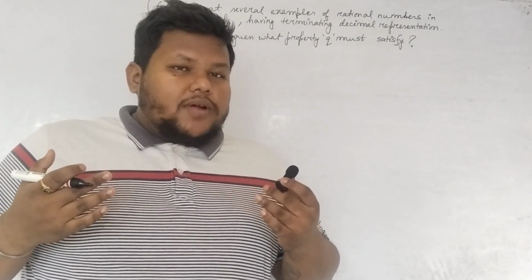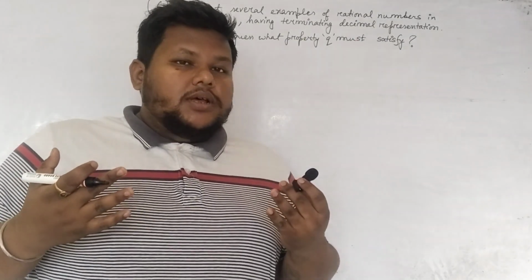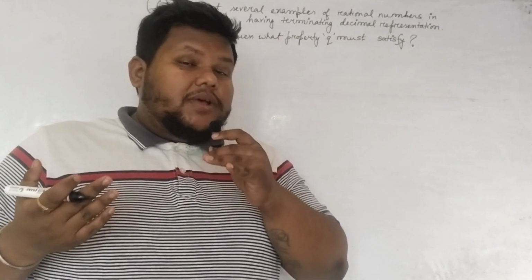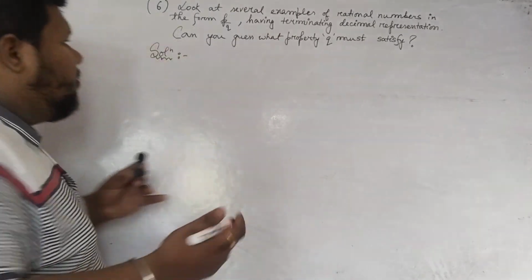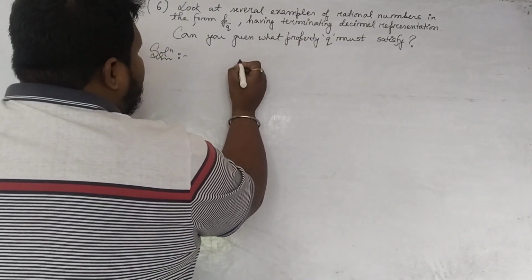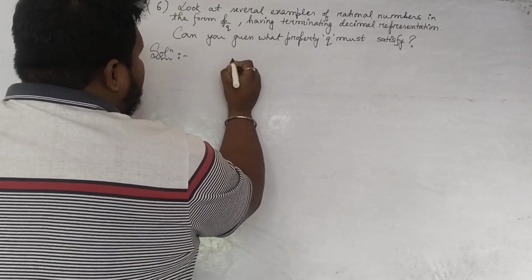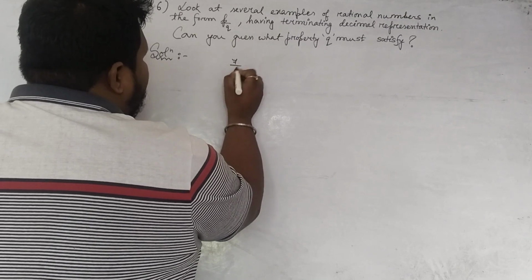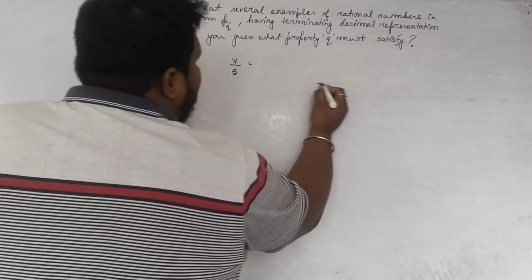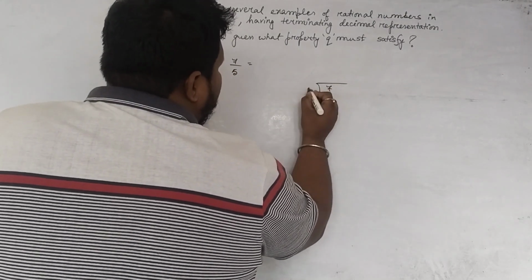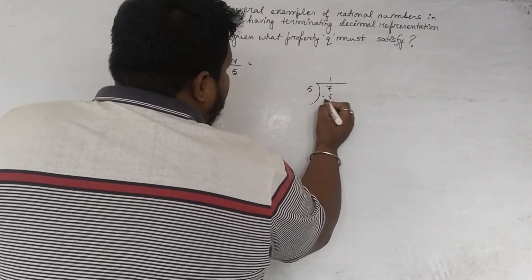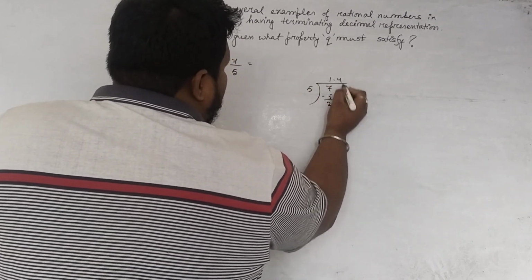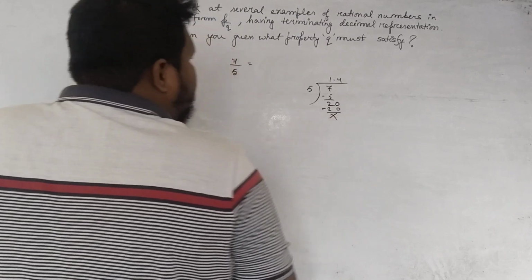Okay, so let us try to see the rational numbers first and see what kind of decimal expression they have. First let me take one example, 7 by 5. If I divide 7 by 5, 5 ones are 5, 1.4, I got remainder 0.